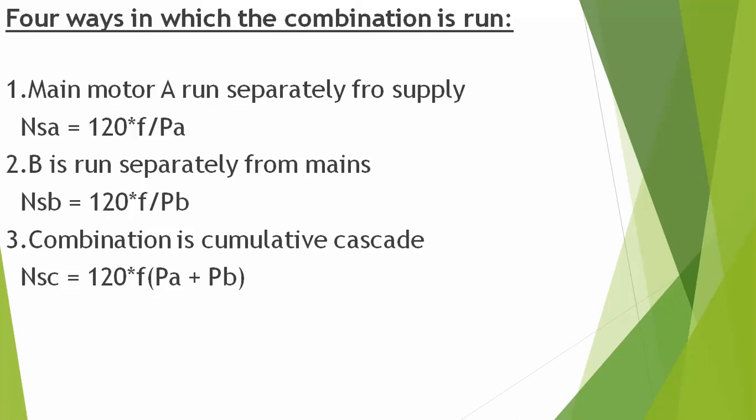This is called cumulative cascade. The synchronous speed of the cascade set is called NSC, and NSC is equal to 120 into F by (PA plus PB).